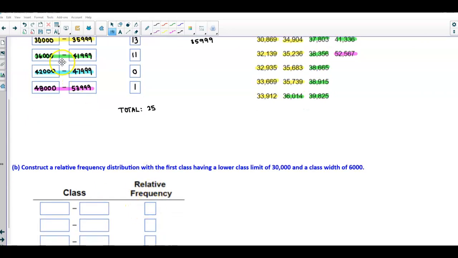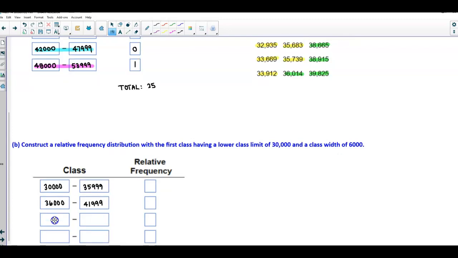The classes are going to stay the same. Recall that the first class goes from 30,000 to 35,999. The second class is 36,000 to 41,999. The next class goes from 42,000 to 47,999.